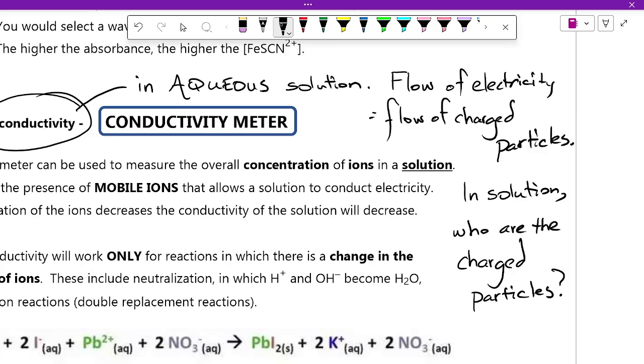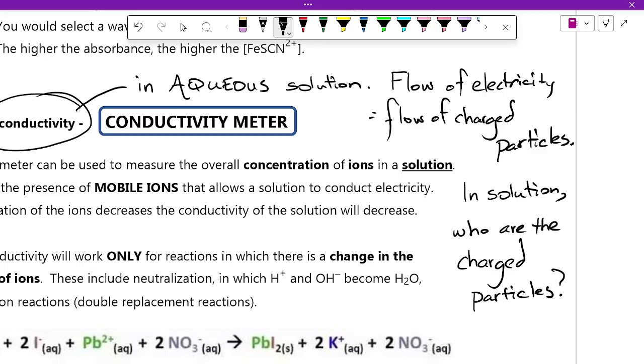When it's a compound, it's charged. It's not a compound, it's singular.